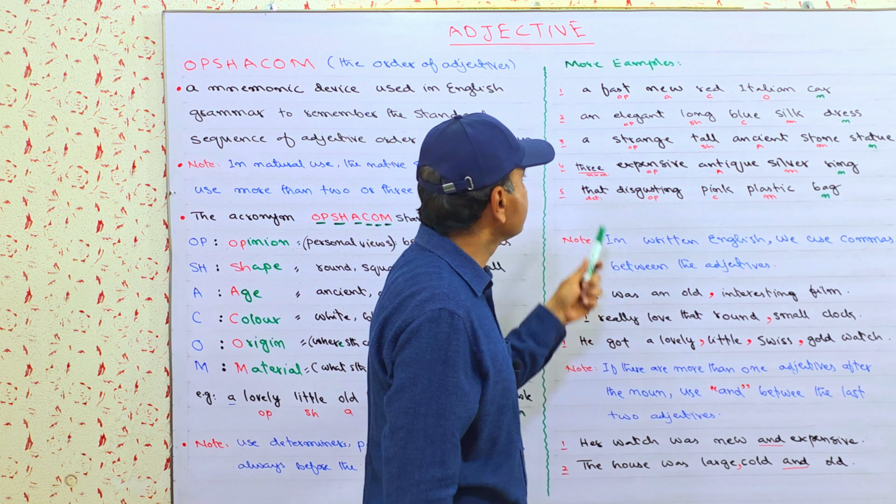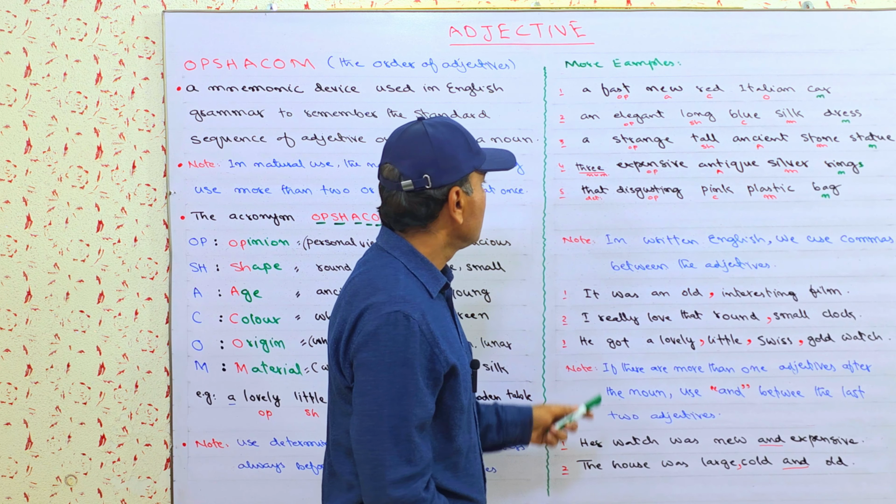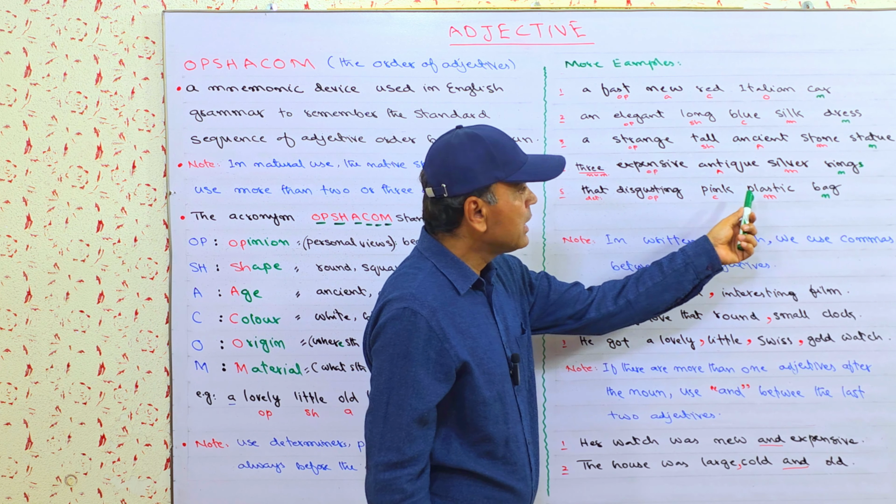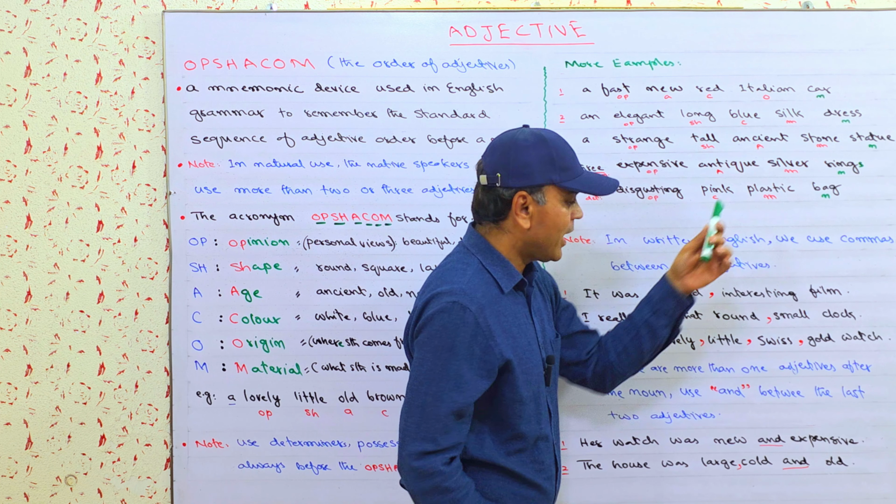Again, three is a number, as I have already talked about in this note. Then opinion, age, material, and then noun. That disgusting pink plastic bag. That is a determiner, then opinion, color, material, and then I placed the noun.